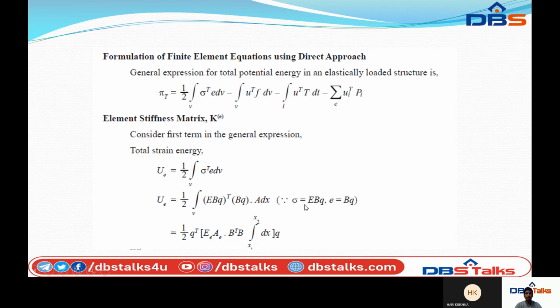I'm substituting those values of sigma and epsilon in the above equation. Instead of sigma, I'm substituting the value E B Q in sigma power T. Therefore, I get half integral V, and in the place of sigma, I'm substituting (E B Q) transpose, and in the place of dV, the derivative of volume, I'm substituting the value of area into dx.